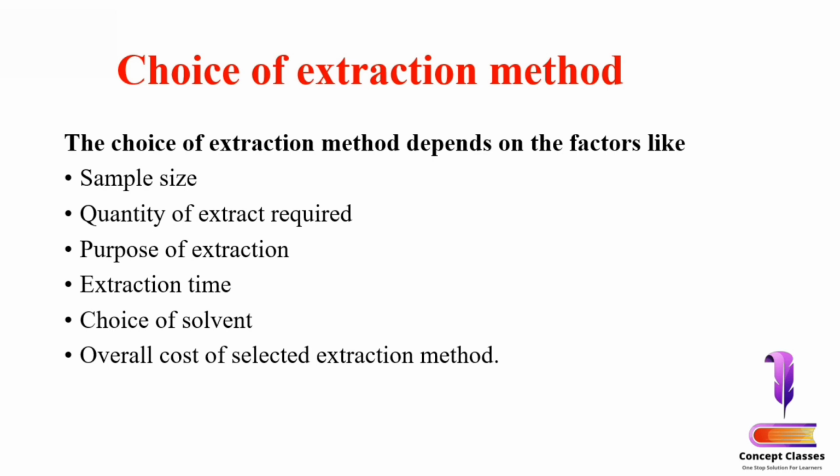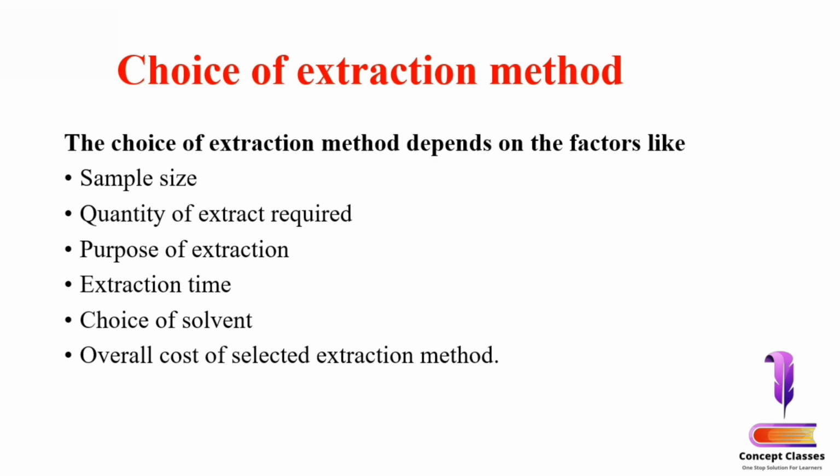So first one is the sample size. That means how much raw material you are having. Accordingly, we have to choose the extraction method. Secondly, the quantity of extract required. Actually, the quantity of extract required is always dependent on the purpose of extraction.